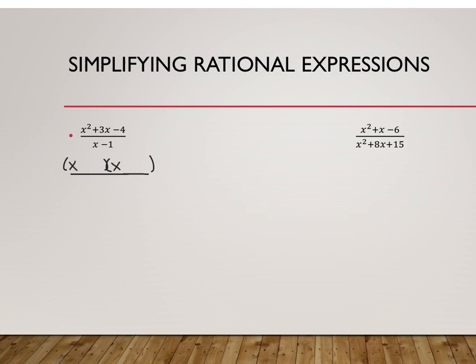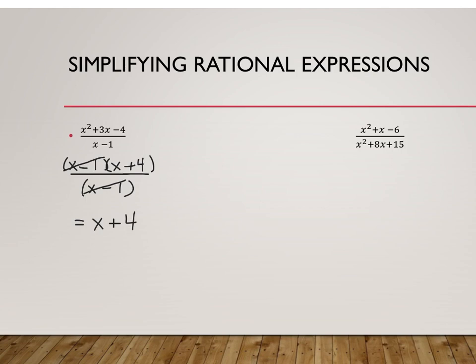I've got to have x and x. I'm going to have one of each sign because it's a negative. Factors of 4 that add up to a positive 3. I'm going to need a positive 4 and a minus 1. Now, therefore, these complete factors are the same. Those could be canceled. And I would be left with just x plus 4.